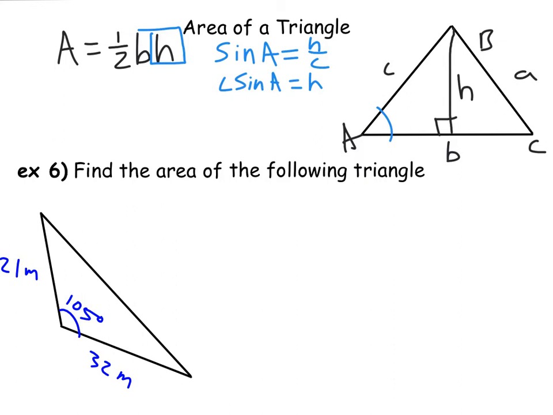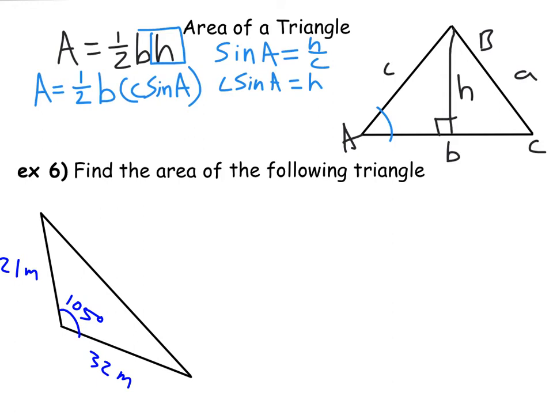I am all set up at this point that I can make a substitution. 1/2 is going to stay. Side length B will stay. But H is out, and C sine A is in.